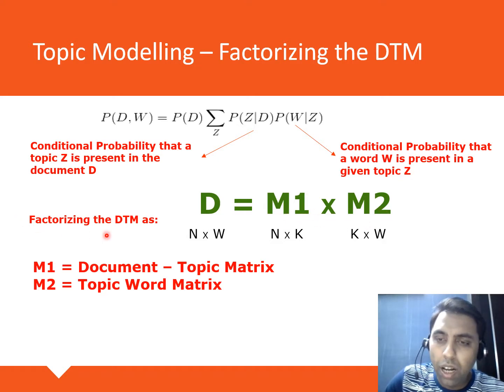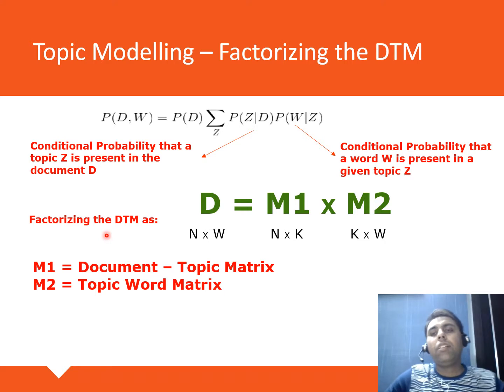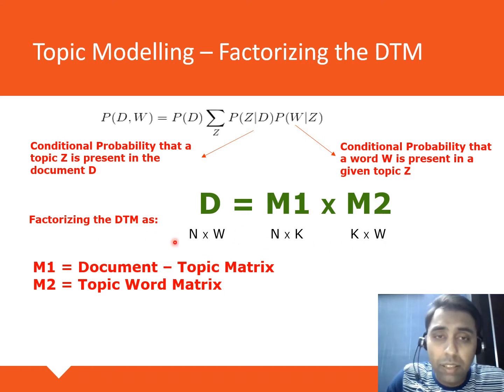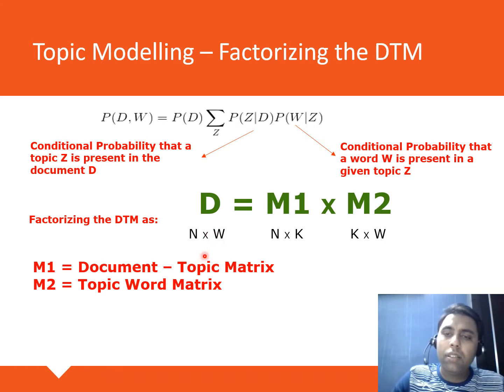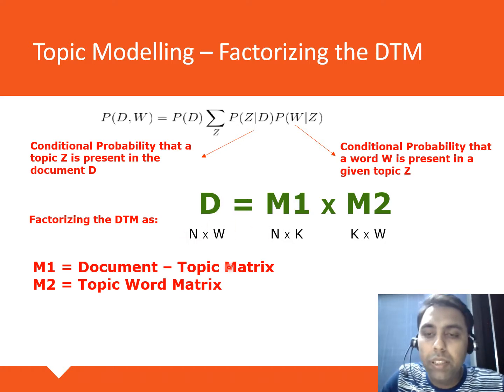There are matrix factorization techniques using which it can be done, and D in this case is the DTM, or the document term matrix. As you would all know, the order of D would be n cross W, where n is the number of documents that you are dealing with, and W is the size of the vocabulary, or the number of distinct, unique words present in your data.